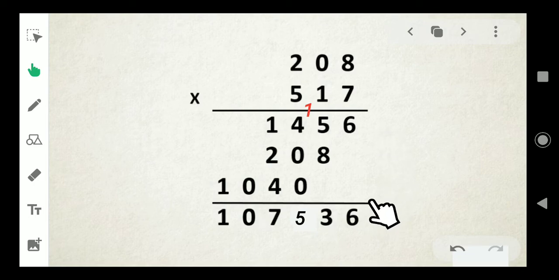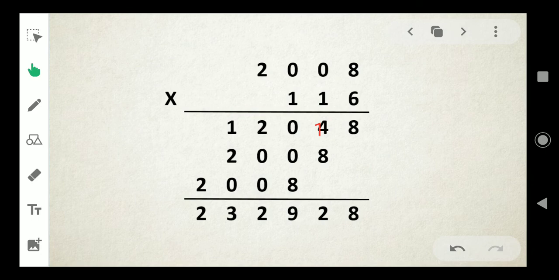Now just add it. 6. 5 plus 8, 13. 3 here, remainder 1. 4 plus 1, 5. 5 plus 0, 5. Again 5 plus 0, 5. 1 plus 2, 3. 3 plus 4, 7. Here 0 itself. Here 1. So the product of 208 and 517 is 1,07,536.